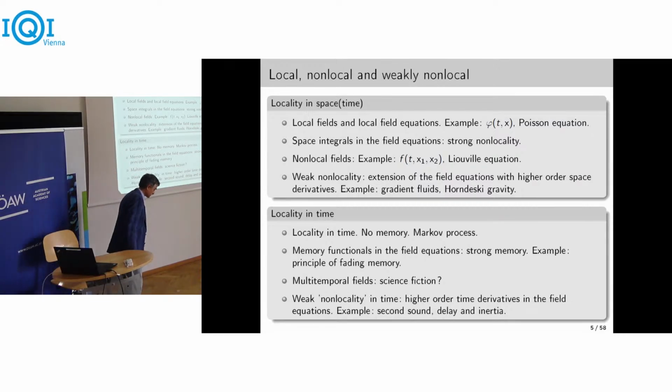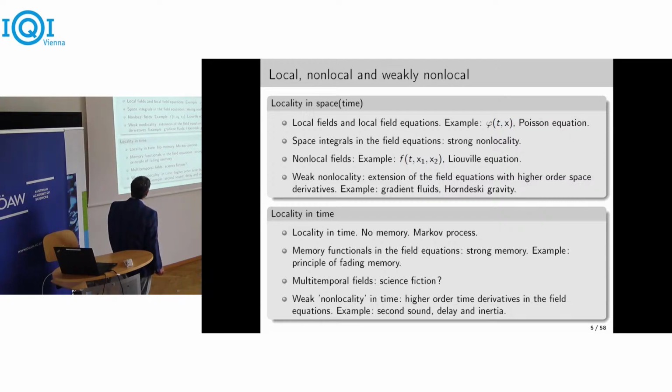For example, the Poisson equation of gravity is a local field equation. And a strong non-locality is sometimes considered as a dependence on some integrated areas of the space, or introducing direct non-locality on the basic fields, like in the Liouville equation, a two-particle representation.